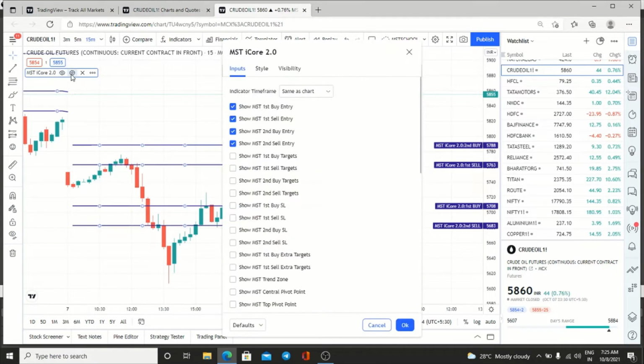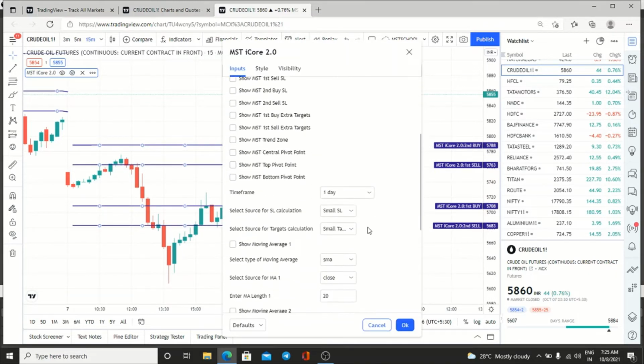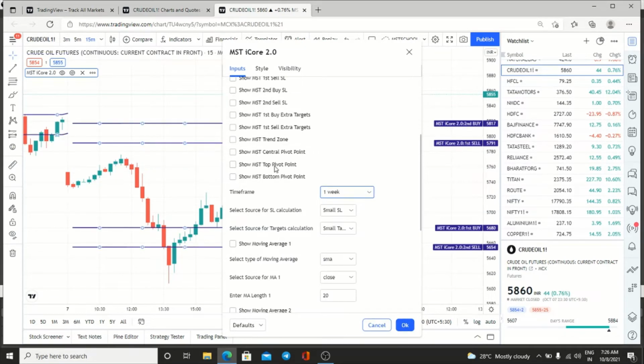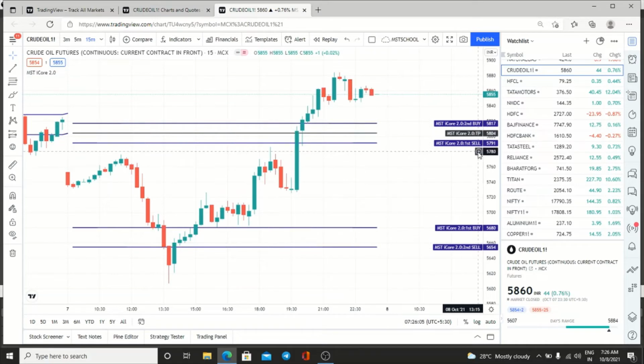Otherwise, you just go here and change the time frame to 1 week. Now we are getting the entry 5791, but the high made was only 5776.